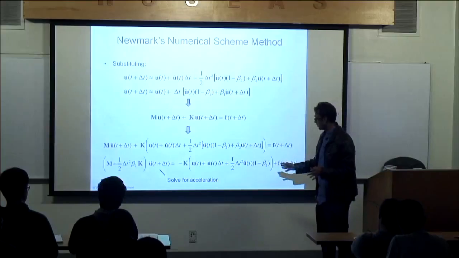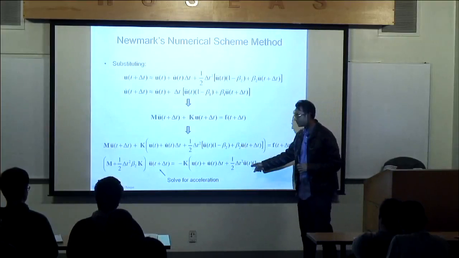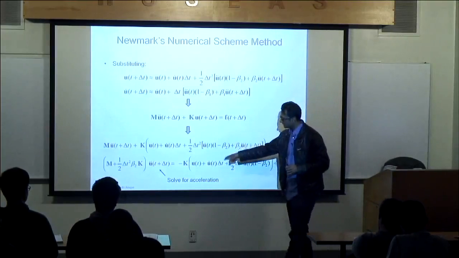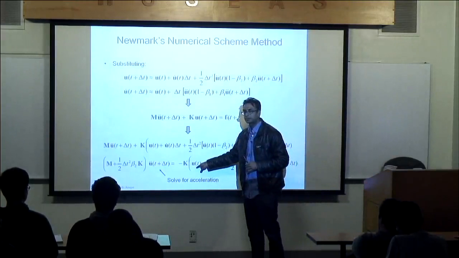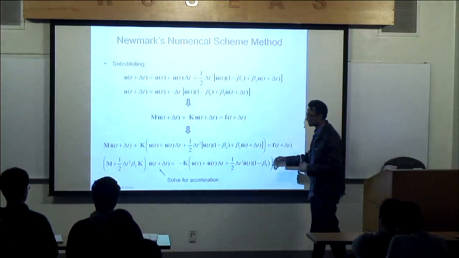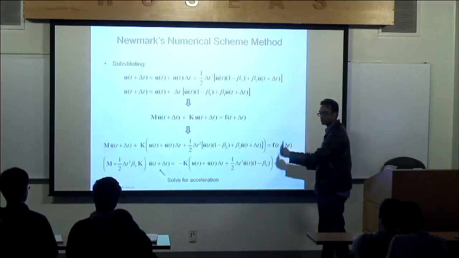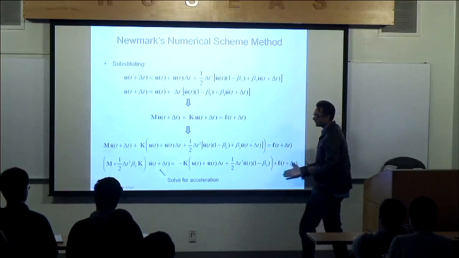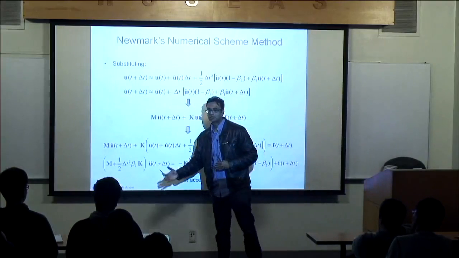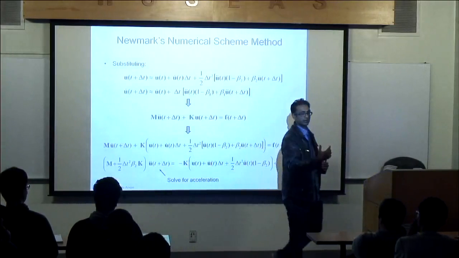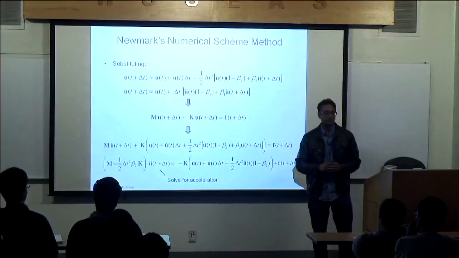Now, this is very cool, guys, because if I know the acceleration right now, and I know the velocity right now, and I know the displacement right now, and I have the delta t that's going to march me forward in time, and I know the force in the future, then I know the acceleration that I'm going to have, the prediction for acceleration coming up.